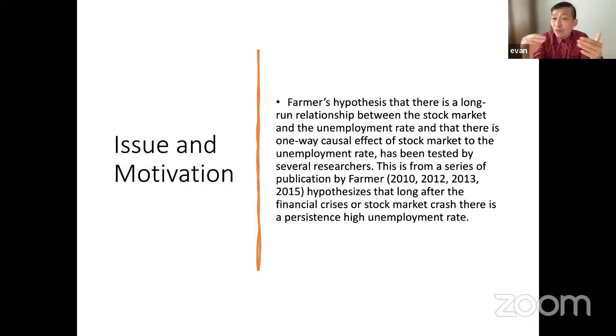A series of publications from these authors in 2010, 2012, 2013, and 2015 hypothesized that a financial or stock market crash will have a high impact, a persistent high unemployment rate. This financial crash can come from COVID, from the pandemic, or from any downturn in the economy, like what happens in times of financial crisis.